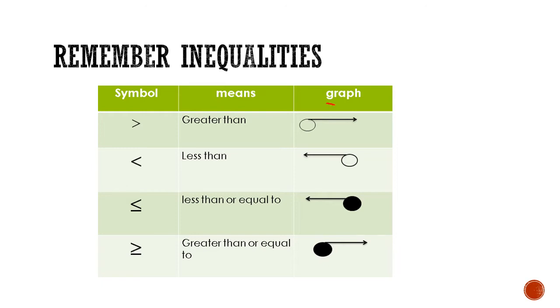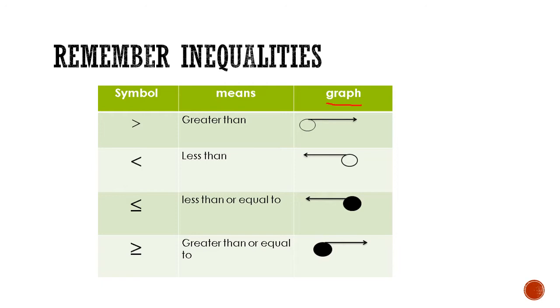When we represent these inequalities on the number line, we represent a greater than by an open circle and an arrow to the right to represent greater numbers. Less than, we represent with an open circle and an arrow to represent smaller numbers to the left of the circle.